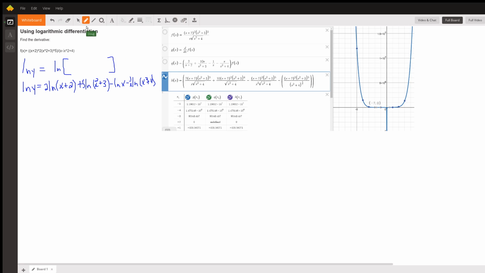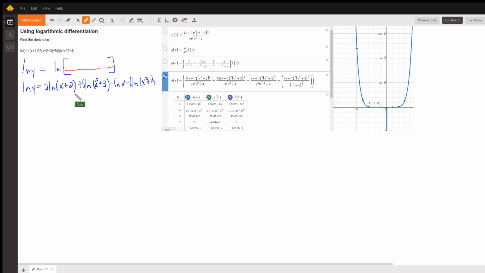So anyway, the idea is to take the natural log of both sides. In here is the original log of f of x. And then we use the properties of logarithms to explode this logarithm into separate logarithms. The log of a product is the sum of the logs.